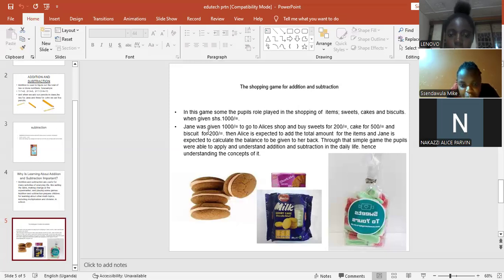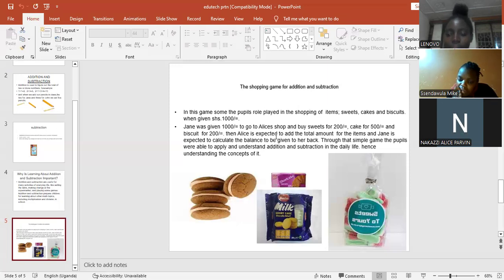Jane was given 1,000 shillings to go to Alice's shop and buy sweets for 200 shillings, the cake for 500 shillings, and the biscuit for 200 shillings. Okay, you can stop there. Thanks. And then Alice is expected to add the total amount of the items, and Jane is expected to calculate the balance to be given to her back.